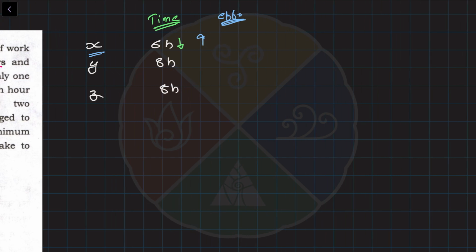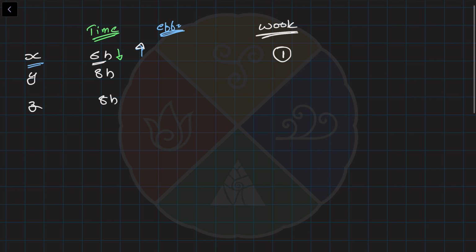Therefore, let's assume that everyone is doing only one work. How much work? Everyone is only doing one work. Let's say, for example, the work is building a Taj Mahal. Okay, so they are doing one work. Now, if this person needs 6 hours to finish one Taj Mahal or one work, that basically means in 1 hour he will be doing 1 by 6 of the work.